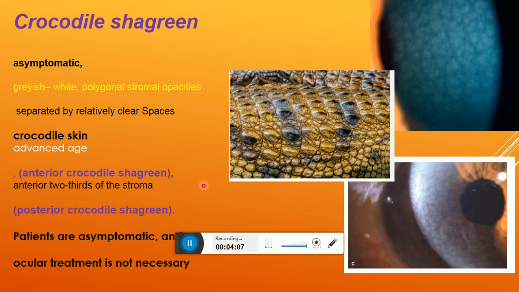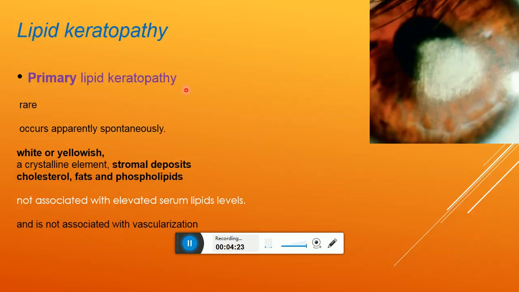It may be indistinguishable from Francois' central cloudy dystrophy. Conventionally, the distinction is on the basis of Francois' dystrophy being inherited, but this has been questioned. Lipid keratopathy may be primary or secondary.